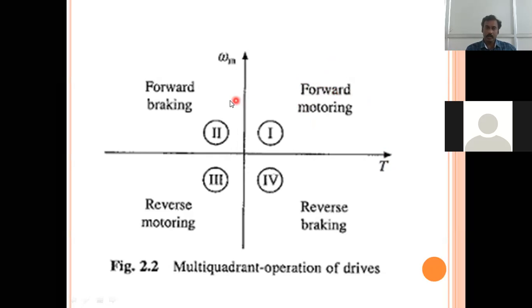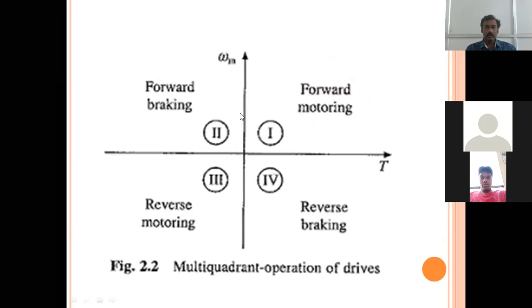Coming to the other case, in this particular case the torque is going to be negative and the speed is positive. So the motor is rotating forward, but the torque across the motor is applied in reverse.